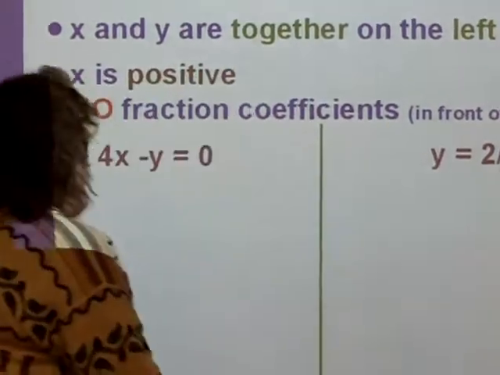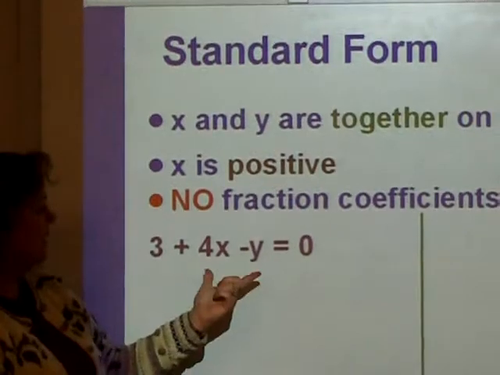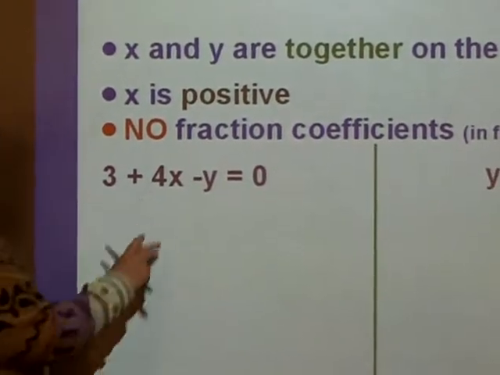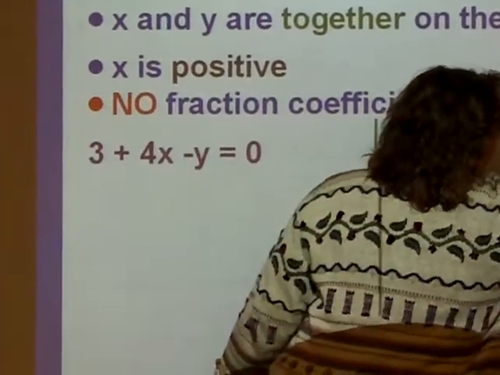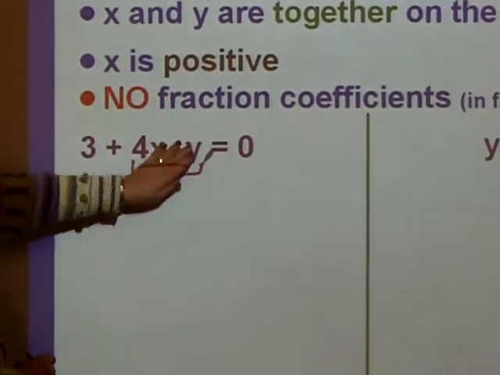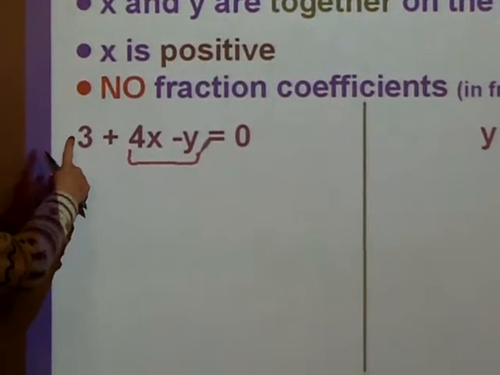Alrighty? So, here is an example. And note, the first thing we'll look for is to see if X and Y are already together. And in this case, they are. So, yay, we only have a little bit to do. X and Y are already together there, so we're going to leave that there, and we don't want the 3. That's a positive 3.